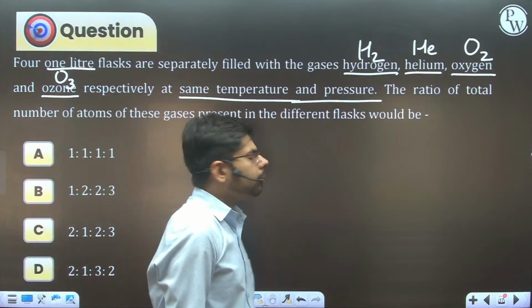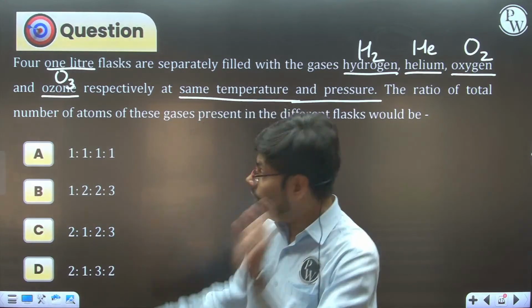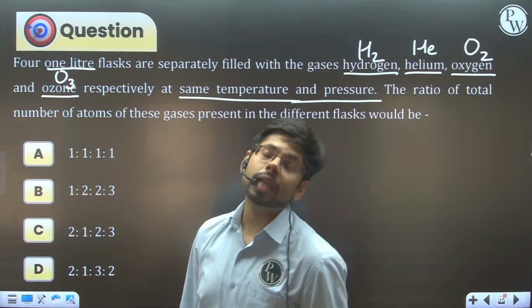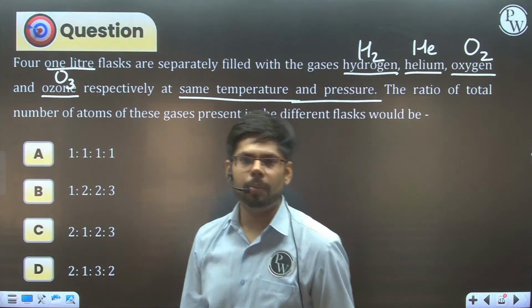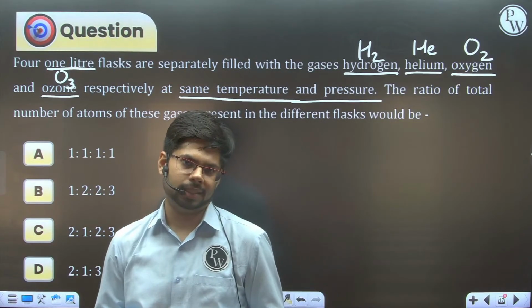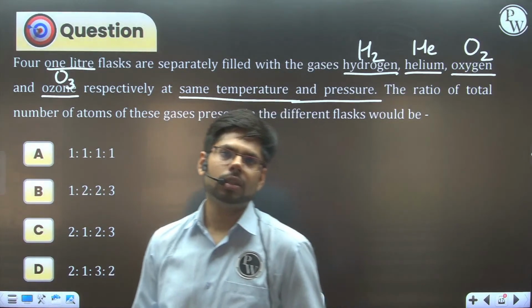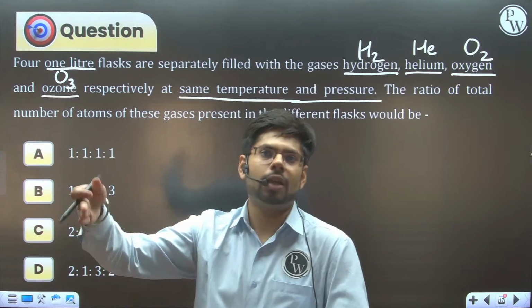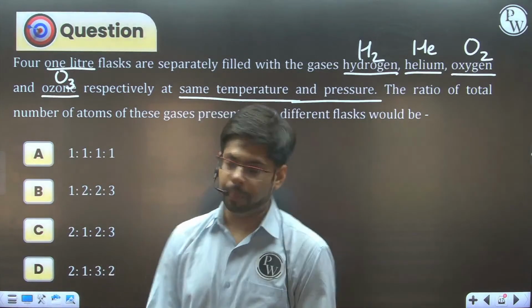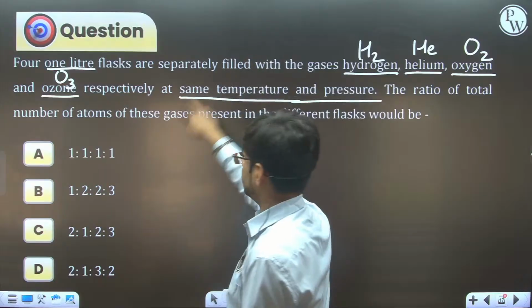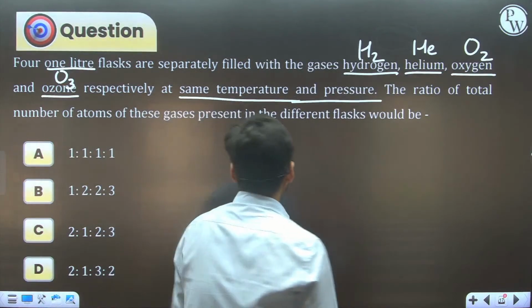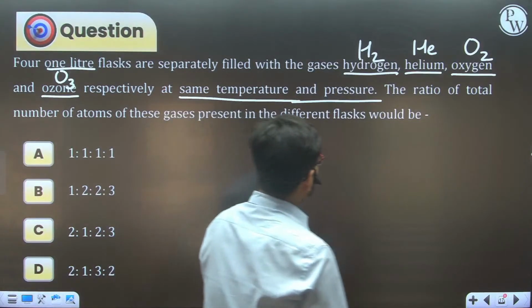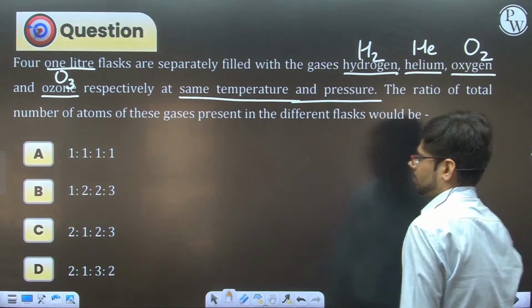The concept is equal volumes of all gases, irrespective of the nature of the gas, will contain equal number of molecules if temperature and pressure are constant. I mean, if all the gases are at the same temperature and at the same pressure. So same temperature, same pressure, same volume. So directly it's an application of Avogadro's law, which means the number of molecules is equal.